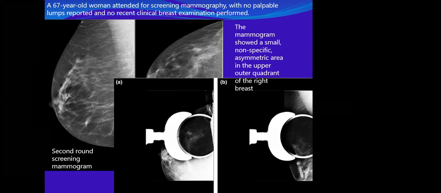What is next? You have to do an ultrasound. If I could not see it on ultrasound, then another examination like MRI. I want to know, is it stable? Is it a developing asymmetry? I pointed out for you many times that I told you this is second round screening. Yes, you have to see the previous images.